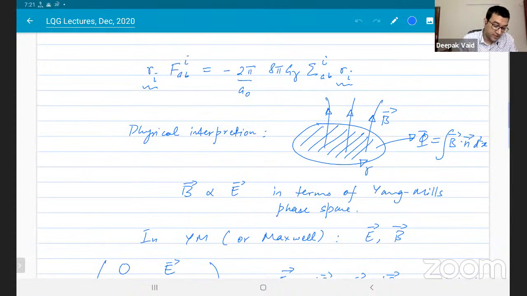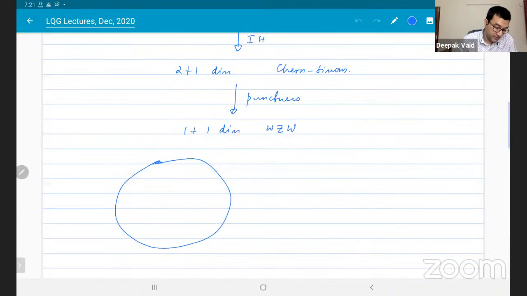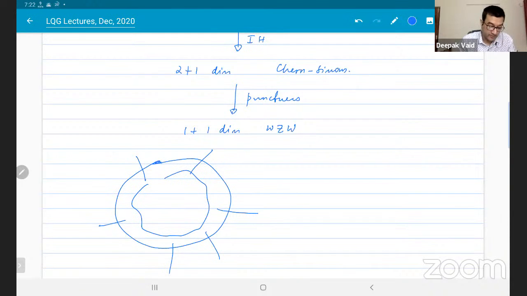And what this condition does on the state space, so you have some spin network, some graph, and we don't care about what's happening in the interior.